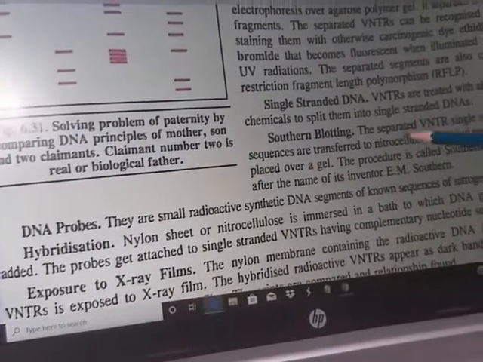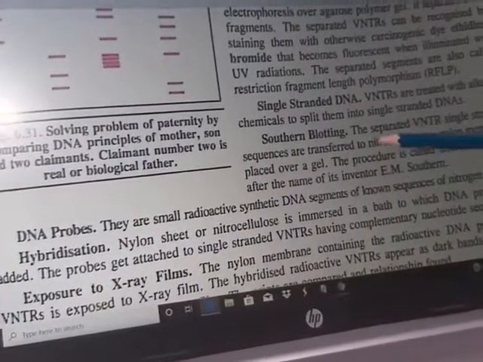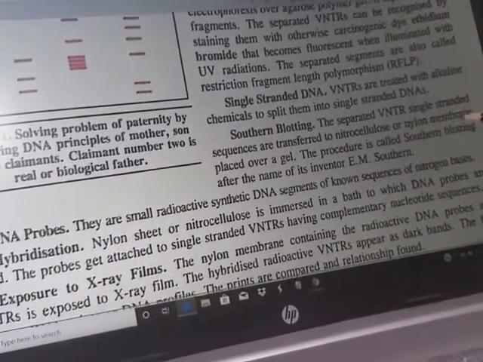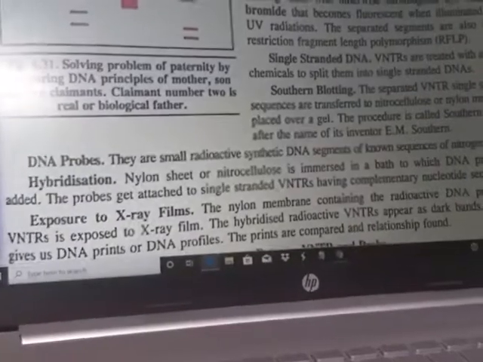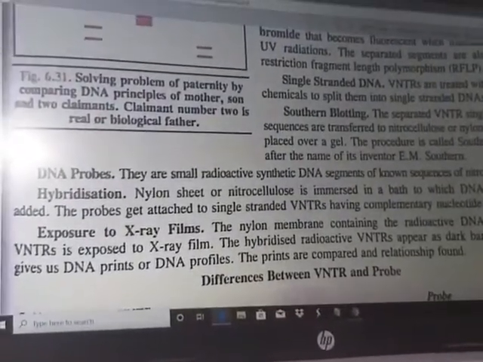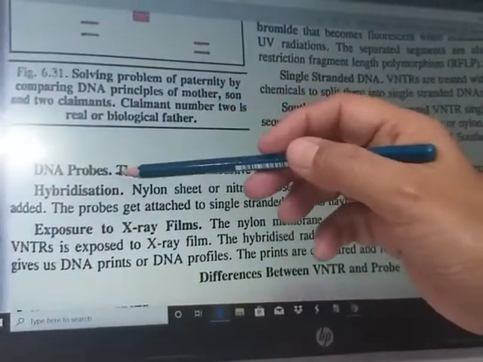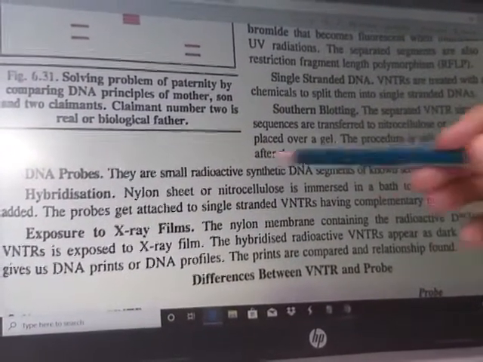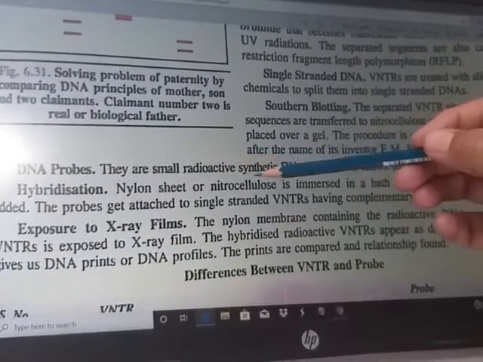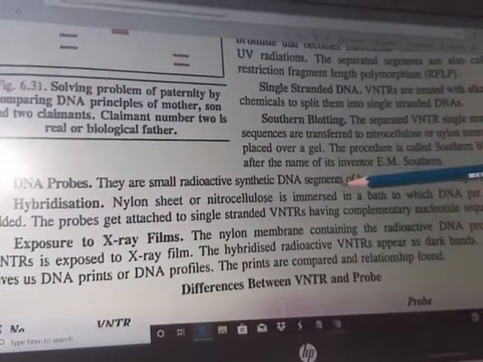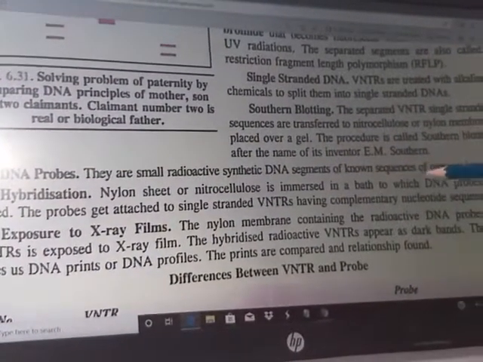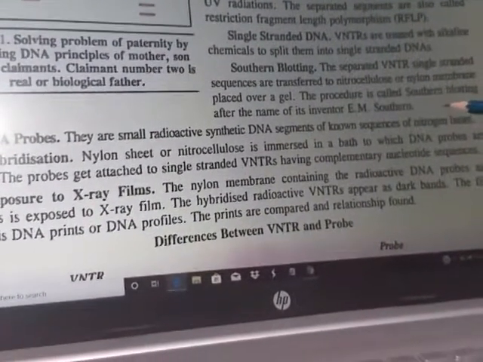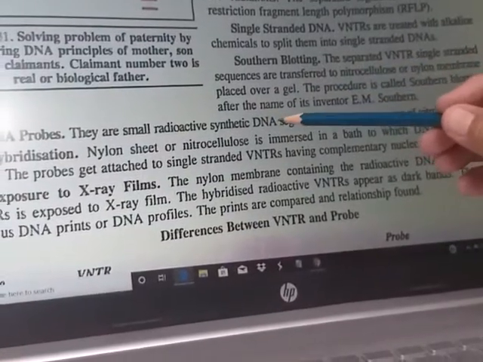But now we have reached the point where the fragments which were single stranded have been placed over the nitrocellulose sheet. The next step is a very critical step, and that is the use of DNA probes. What is this? They are small, radioactive, synthetic DNA fragments of known sequences of nitrogen bases. It means we have a known sequence of DNA. Also, it is synthetic.